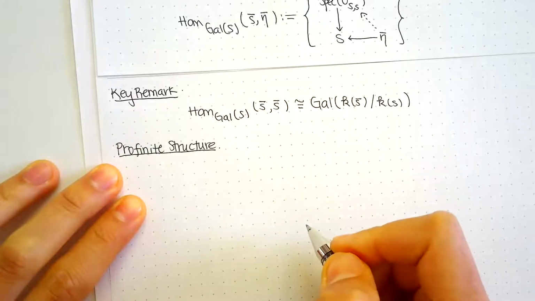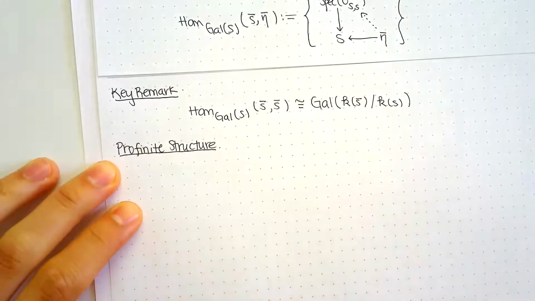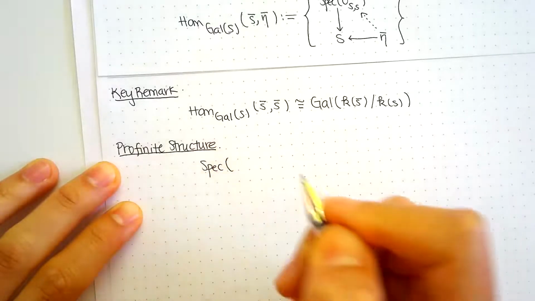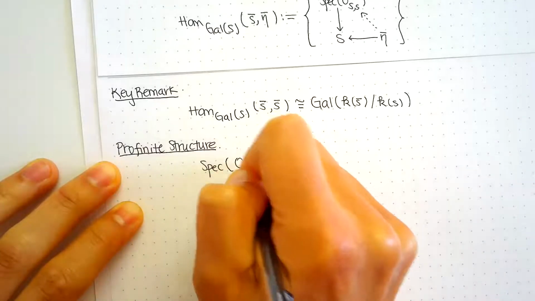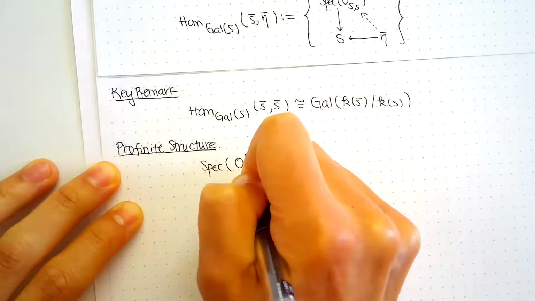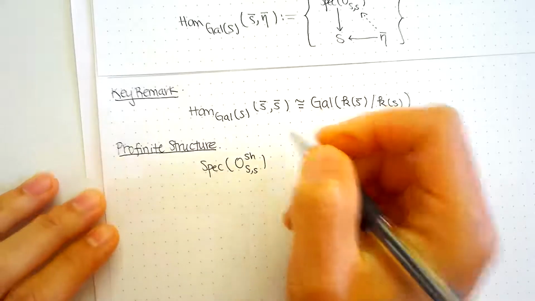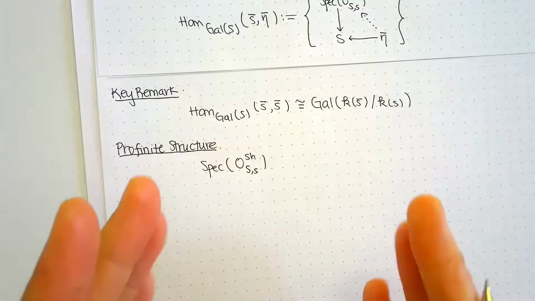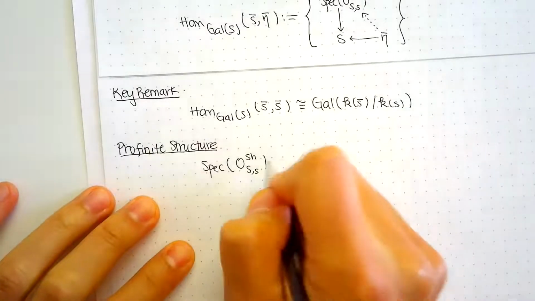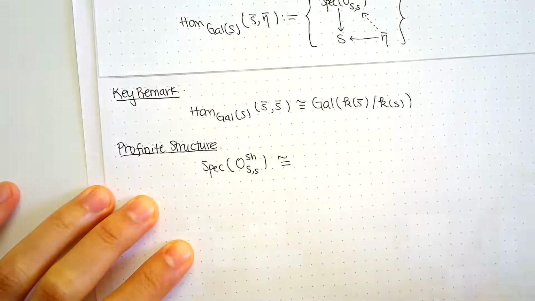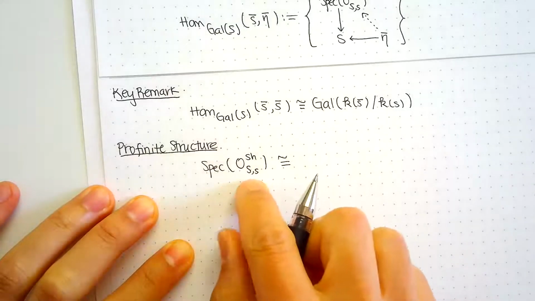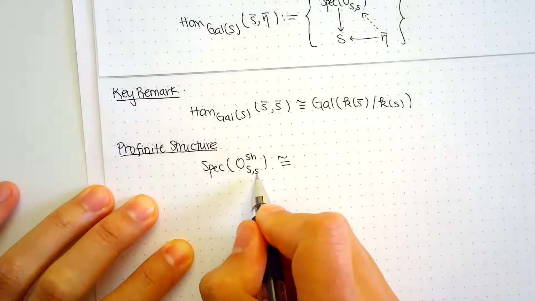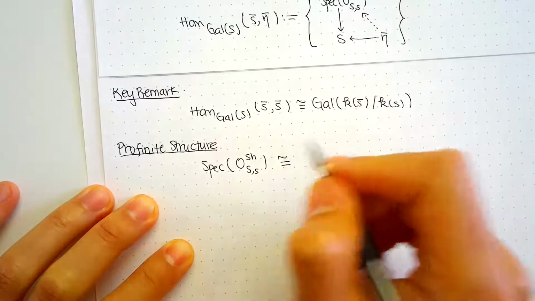Well, the thing that I want to say is, if you had not thought about this local ring in the Étale topology, so this strict Henselization of the usual local ring, before, then there's a convenient way of thinking about it that's going to be important from this perspective. So it really is a sort of infinitesimal neighborhood, as much as that makes sense, of the point that you pick out in the following sense.